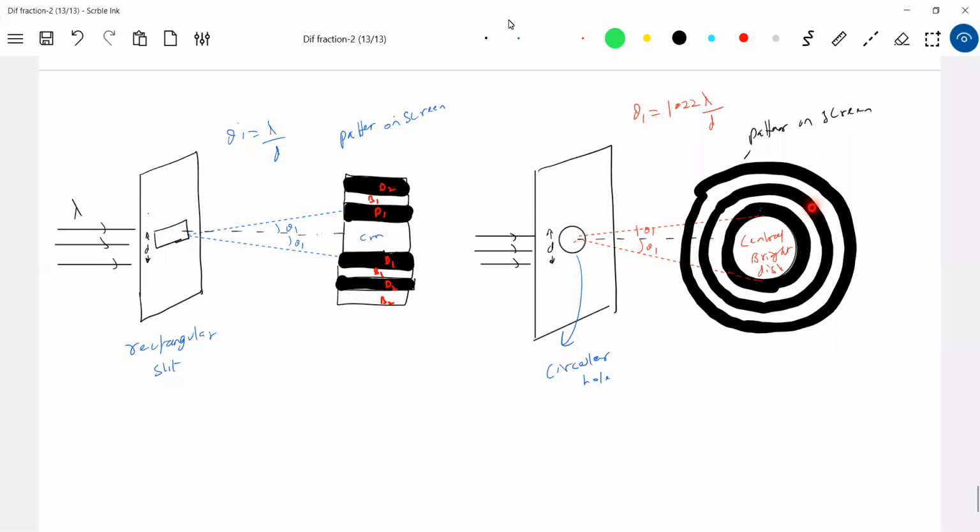I think all of you are sure the moon will not have any bright and dark rings. The moon will have only a central bright disk. The image of the moon should be only a central bright disk, but the instrument will form this one. So you should design in such a way that the secondary maxima are eliminated. So what is the basic condition for all instruments? The instruments should not produce secondary maxima and minima.